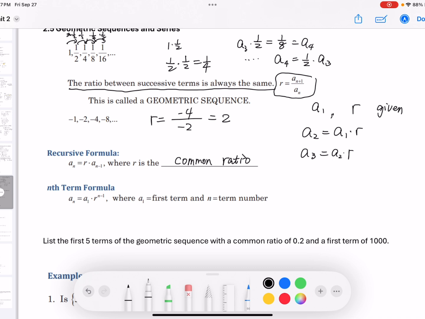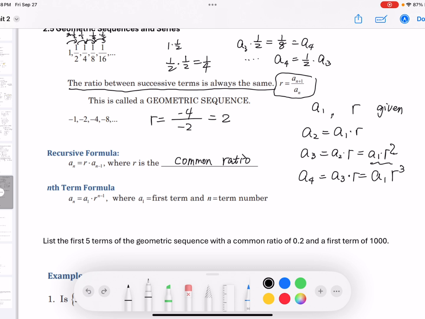We know a sub 2 can be replaced by this, so it is a sub 1 times r, this is a sub 2, multiplied by r. We can make it to the power form, which is r squared. And a sub 4 is equal to a sub 3 times r, which is a sub 1 times r cubed, because I need to multiply by this r.